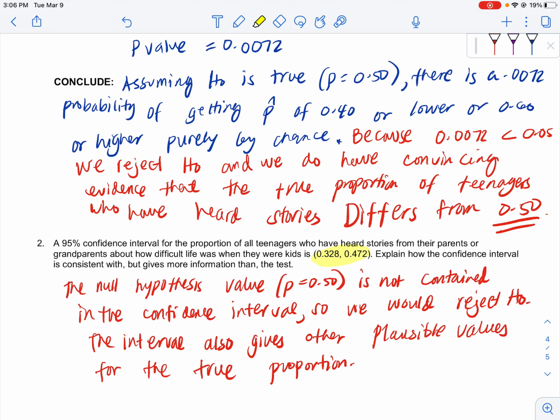And that is how the confidence interval is consistent with, but gives us more information than the test. It gives us more information because it shows that it is less than 50%, unlike the z-test, where we're unsure if it's above or below 50%. Okay? All right.